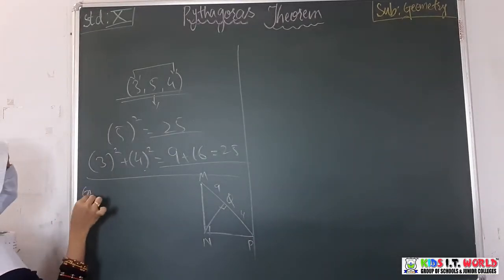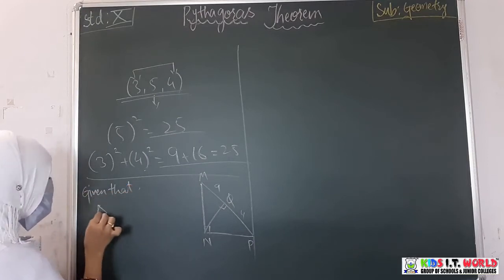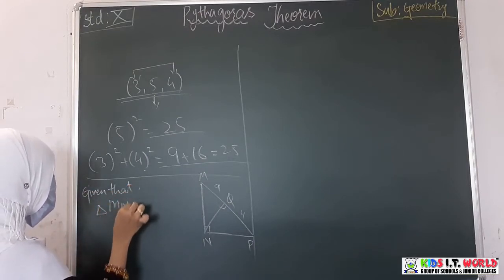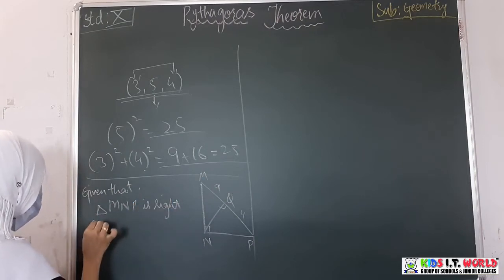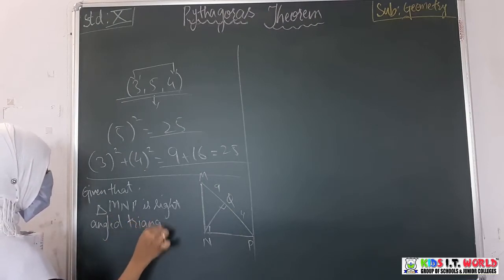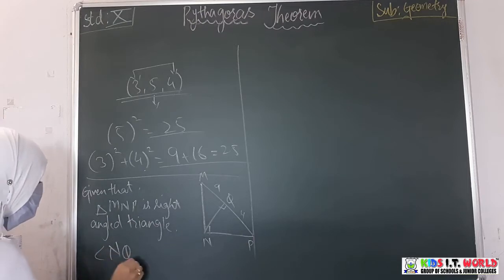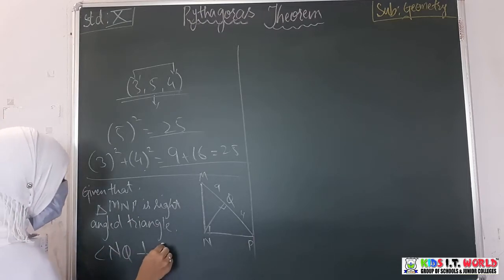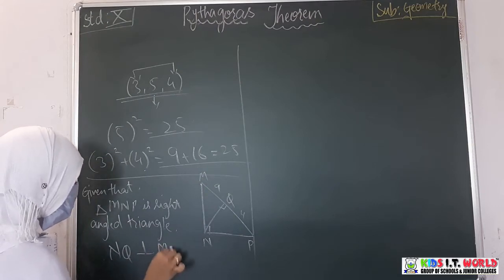First of all, write down the given. Triangle MNP is a right angle triangle. Secondly, NQ is perpendicular to side MP.